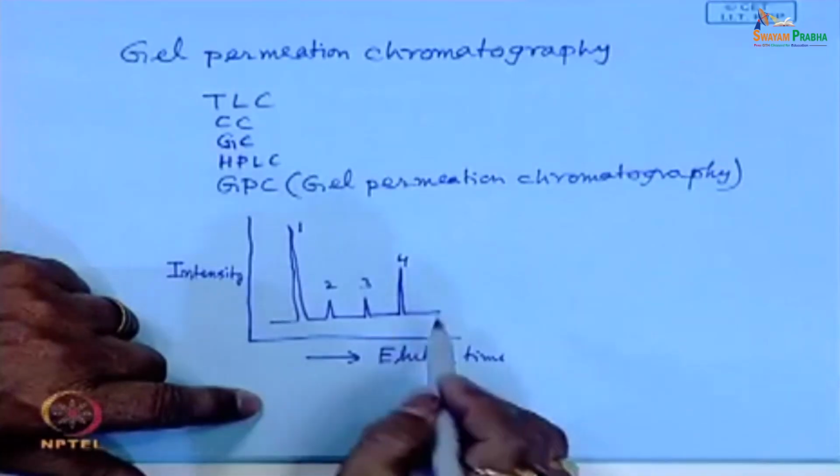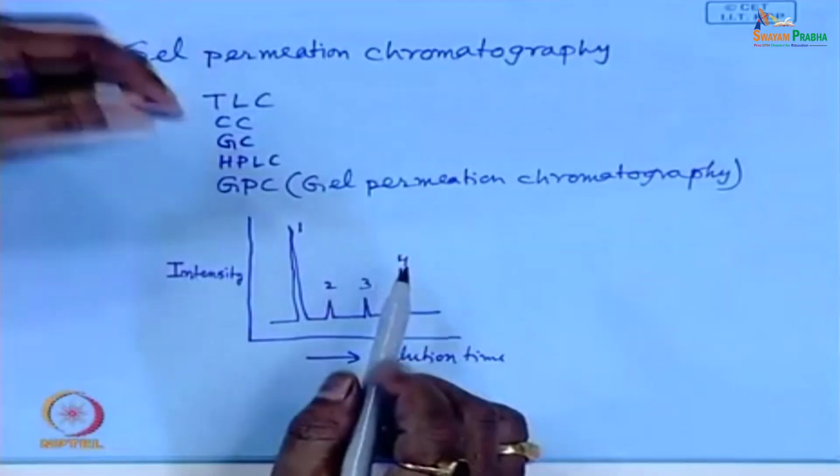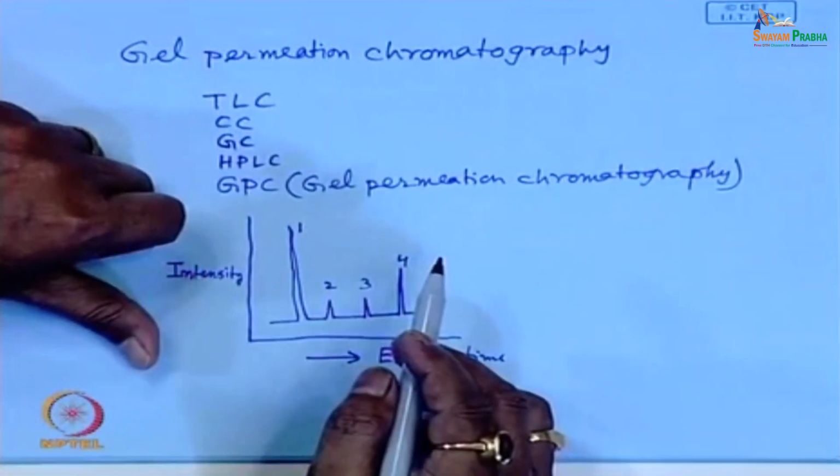Now, this concept has been extended to gel permeation chromatography. Basically, a gel permeation chromatography instrument contains a column packed with porous beads of small particle size. These porous beads are made of cross-linked polystyrene. So, cross-linked polystyrene beads are used as packing material in gel permeation chromatography.